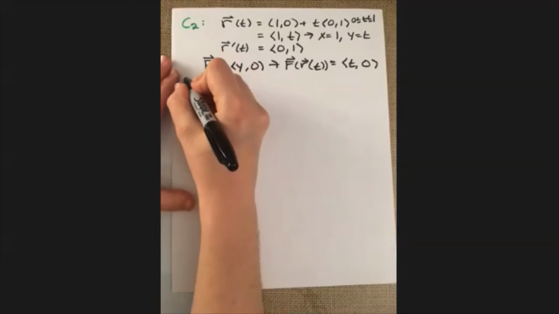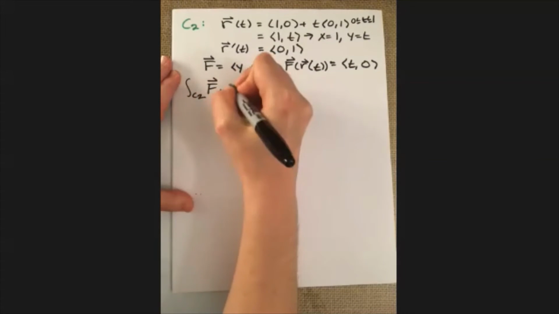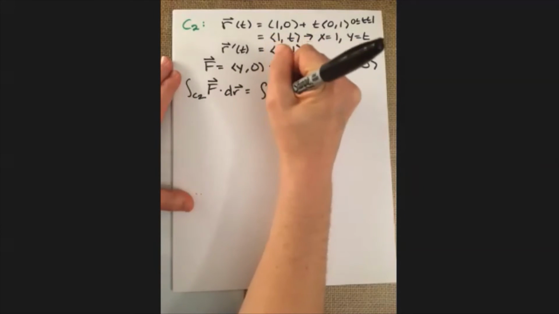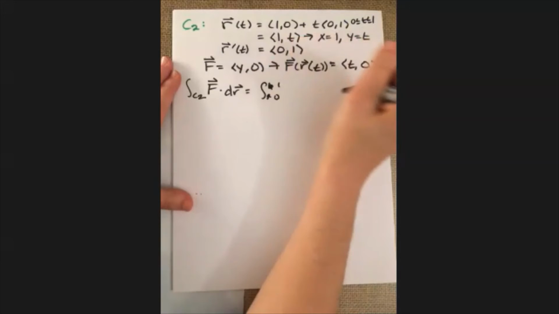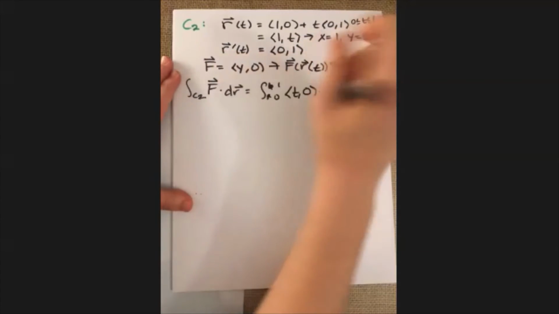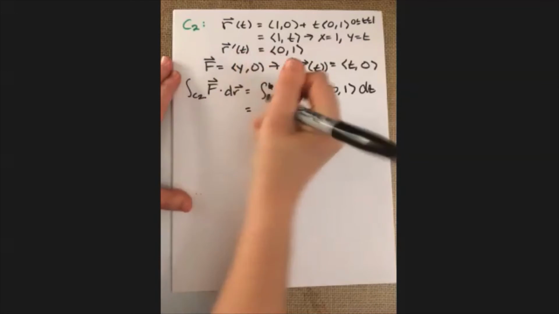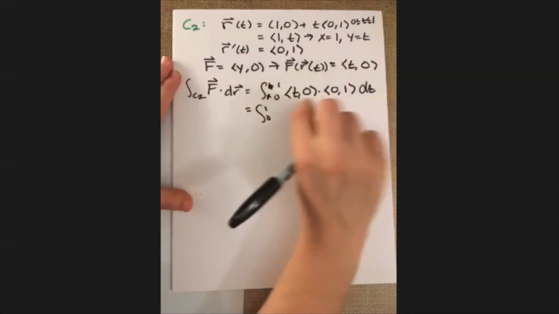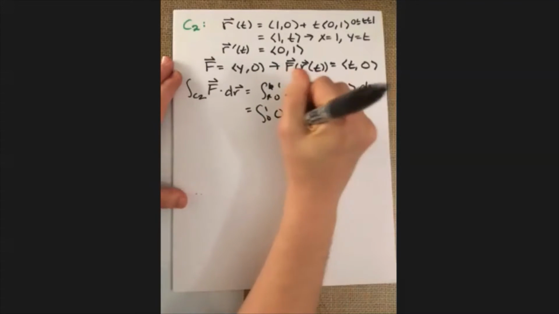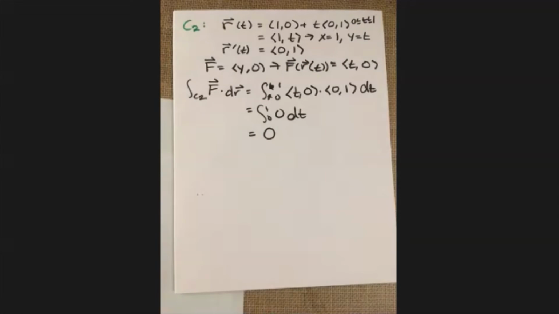So our integral over C2 of f dot dr is equal to the integral from a to b. Oops, well, we already said a to b. Let's do 0 to 1 of <t, 0> dotted with r prime of t, so that's going to be <0, 1> dt. So now I have the integral from 0 to 1 of t times 0, which is 0, plus 0 times 1, which is 0. So the integral of 0 again just gives me 0.